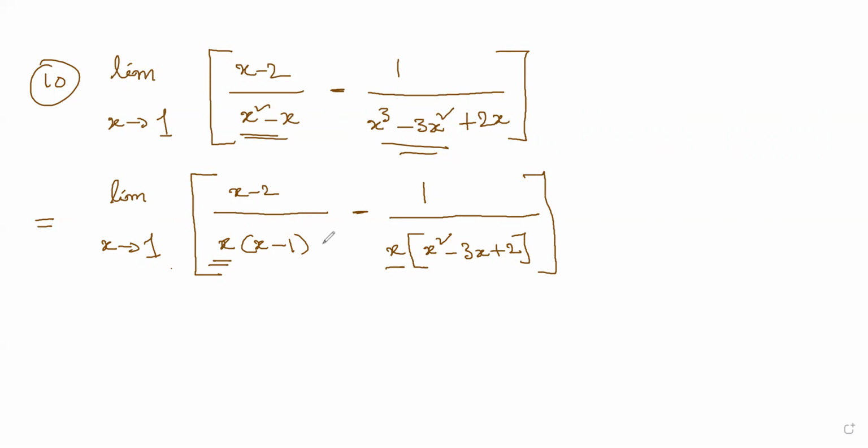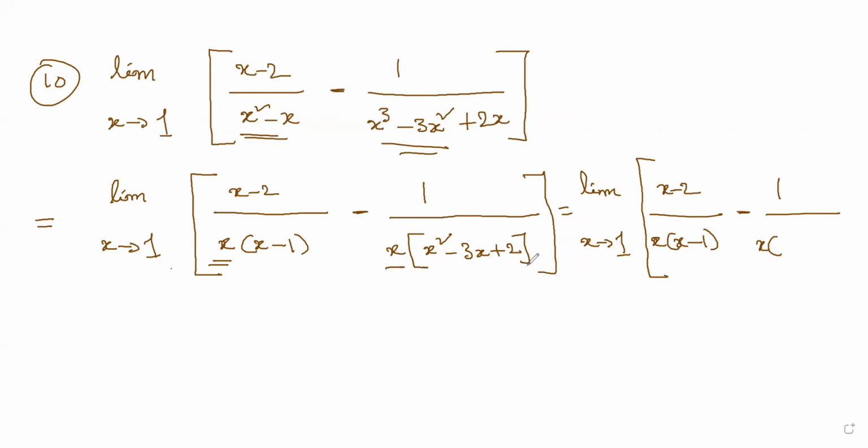So now out of these two terms, you see 1 by x is common, right? Slowly you look. We'll do it very slowly, no problem. Now limit x tends to 1, you have x minus 2 whole divided by x into x minus 1, minus 1 by x into x square minus 3x plus 2.